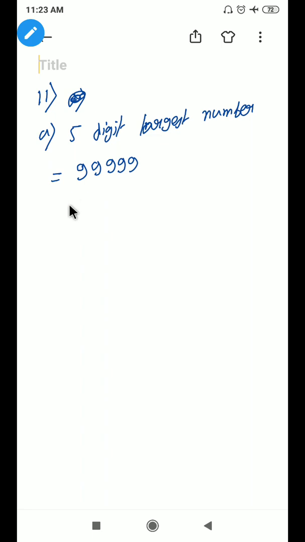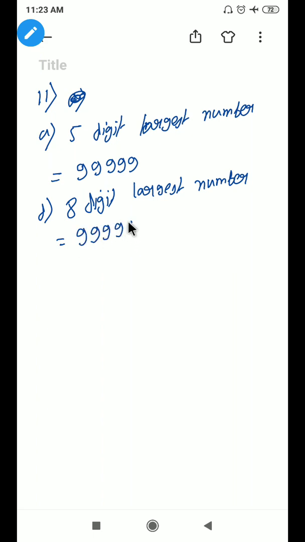Clear? Now go to the next one. Here it asks you to make an 8-digit largest number. So how to make it? Because 9 is the largest 1-digit number, just put 9 eight times. So this will be the largest 8-digit number formed.